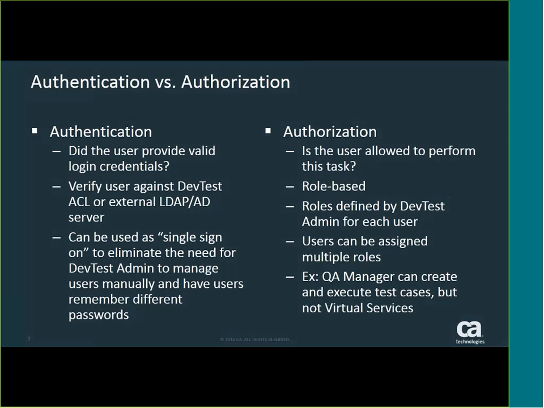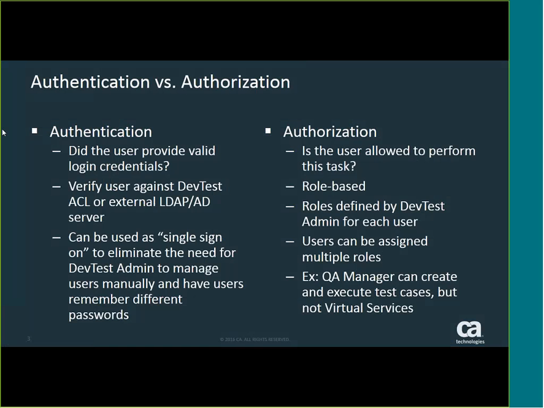Authentication is you provide a valid username and password. Authorization, an example would be, are you allowed to perform this action, such as start a virtual service or edit a virtual service, right? The ACL is enabled by default, and we can change the ACL based on different scenarios that we'll see later.